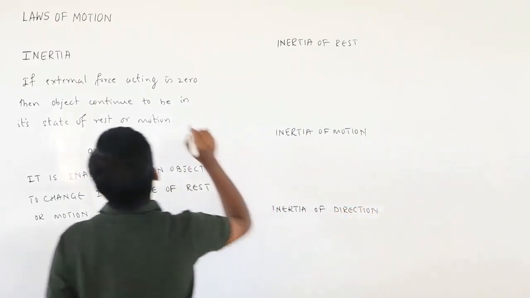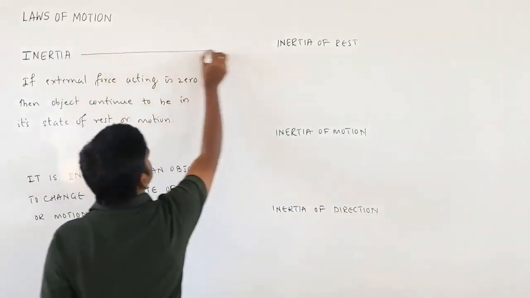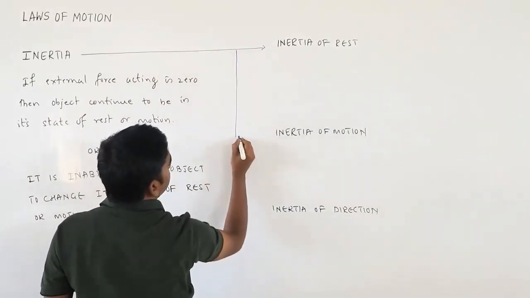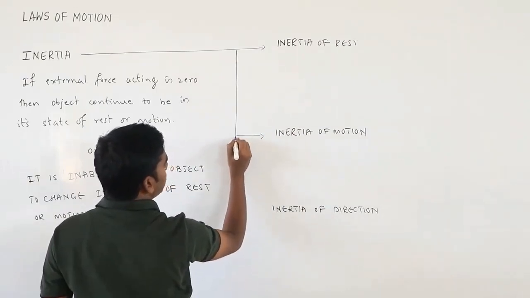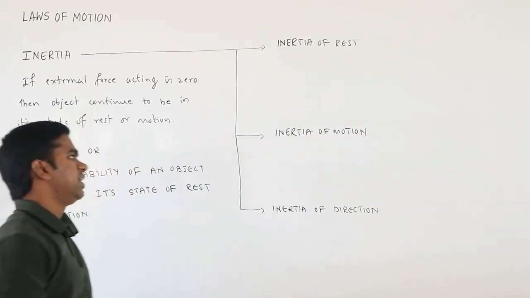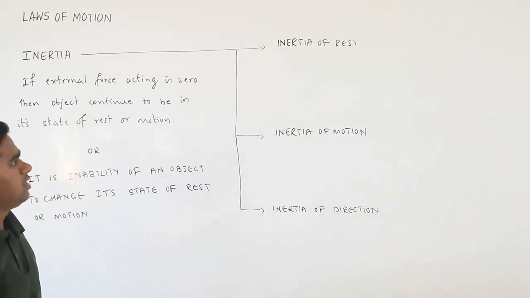So we can divide this inertia into three types. One is inertia of rest, another is inertia of motion, and the third one is inertia of direction. Okay.